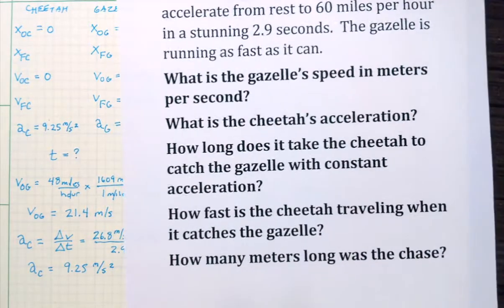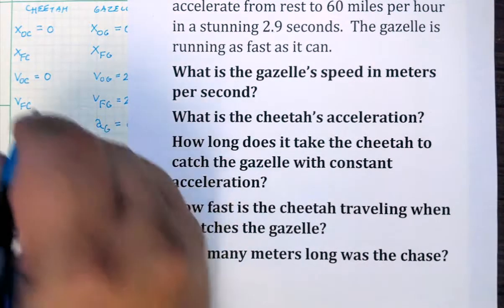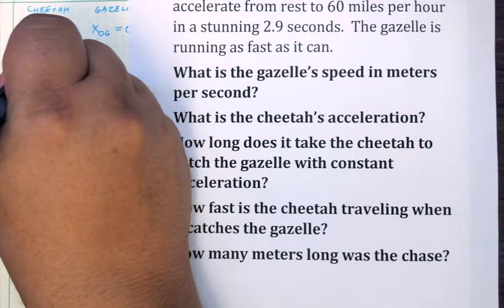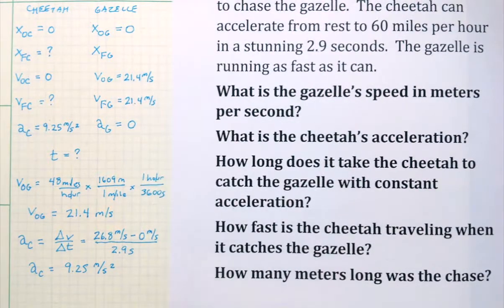We're asked, how fast is the cheetah traveling when it catches the gazelle? That is, the cheetah's final velocity. And how many meters long was the chase? Well, that can be given by the cheetah's final position. So we have identified the things which the question is asking us for.